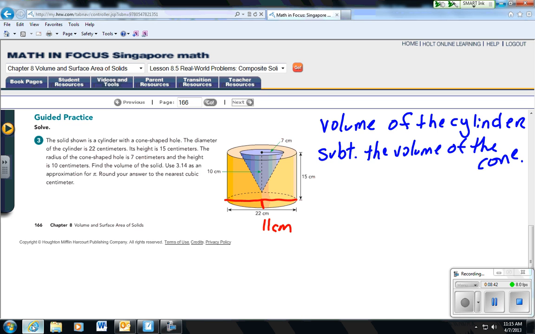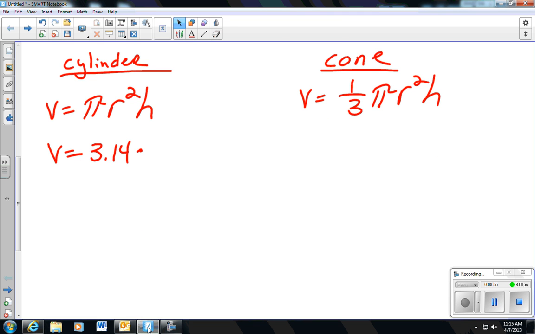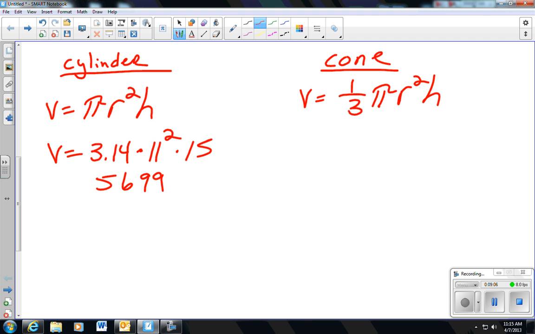And the height of the cylinder, you'll notice right here, says that the height of the cylinder is 15, and it mentions it in here. The height is 15. So we have a radius of 11 and a height of 15. So 11 squared times our height, which is 15. When you do all of that math, you'll get 5,699.1. So that's the volume of our cylinder.